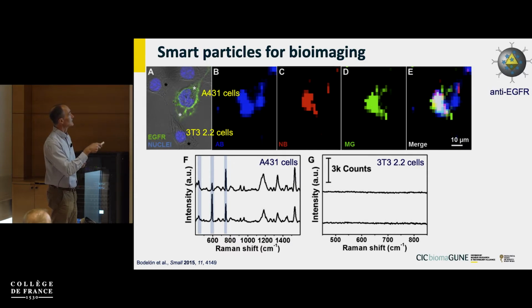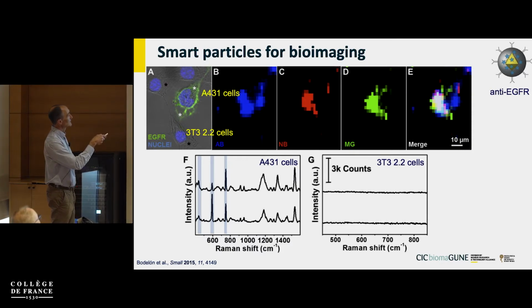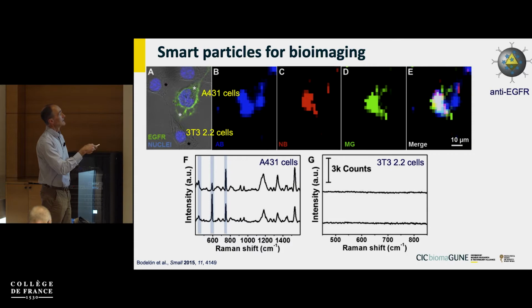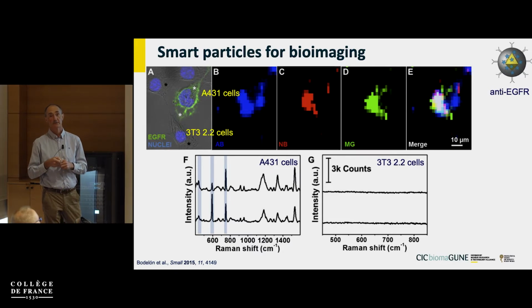And so after incubation, we see fluorescence by using also a fluorescently labeled antibody. And we measure spectra at the stars in white and at the stars in black. At the stars in white, we measure these different peaks which come from the different dyes that we are incorporating inside of the particles. From the stars in black, we don't measure any signal, meaning that the particles have not bound there.